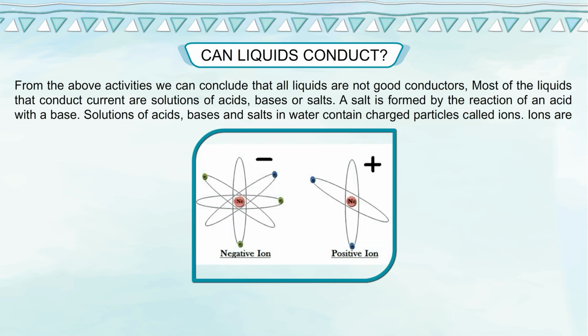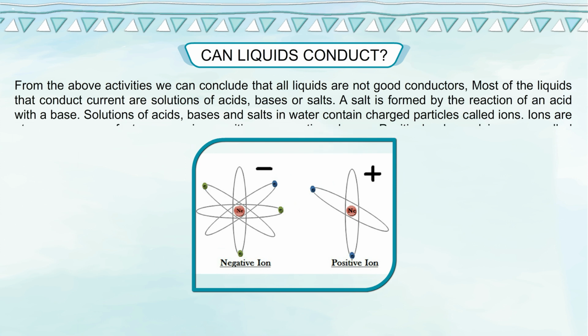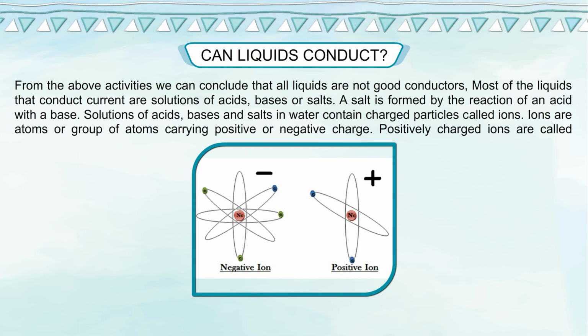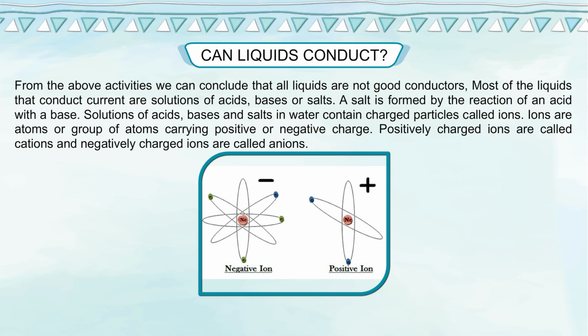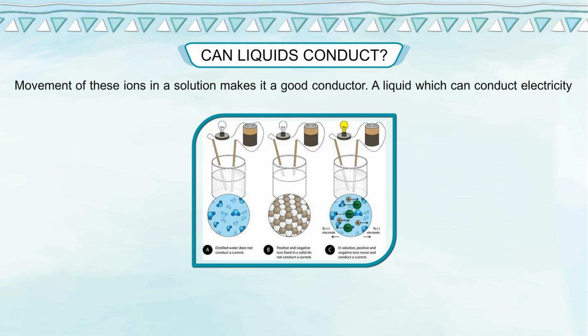Solutions of acids, bases, and salts in water contain charged particles called ions. Ions are atoms or group of atoms carrying positive or negative charge. Positively charged ions are called cations and negatively charged ions are called anions. Movement of these ions in a solution makes it a good conductor.